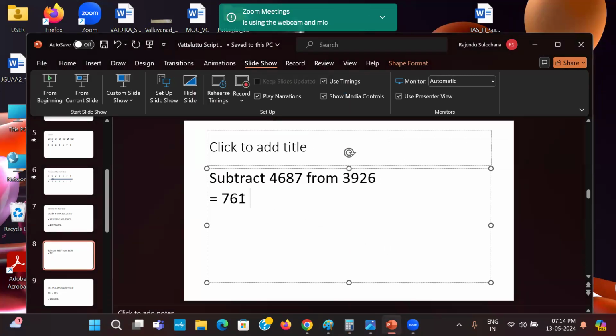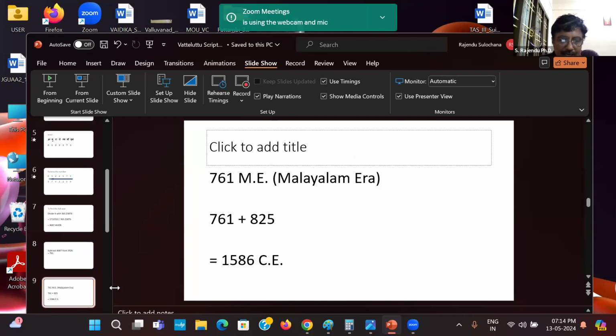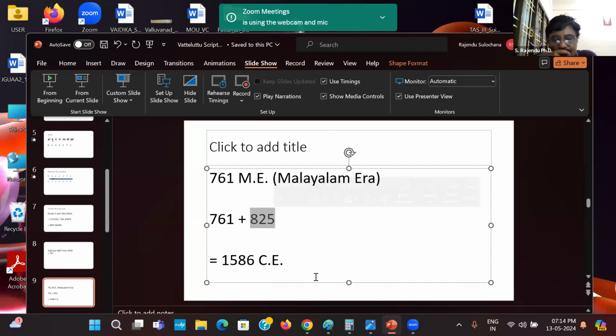761 denotes the Malayalam era, that is called the Kolla year. Then if you want to know the equivalent Anno Domini common era, you must add 825 along with that. 761 is the Malayalam era, the era they are using everywhere in Kerala.